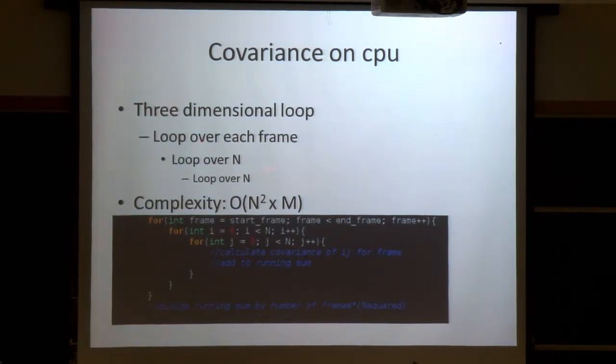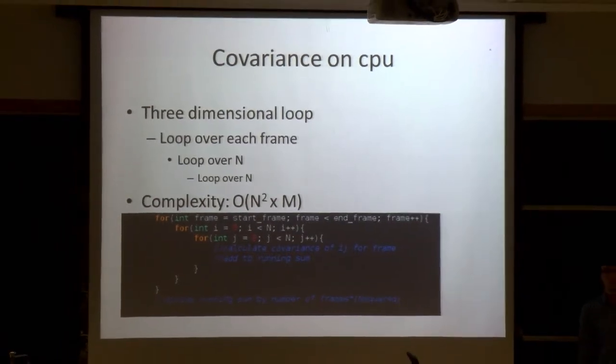You loop over every single frame of the movie, and you loop over n twice. In the body of the loop, you calculate the covariance of a single index for one frame and add it to a running sum. At the end, you divide each point in the matrix by the number of times you went through the loop. The complexity scales as n squared times m, where n is the number of amino acids and m is the number of frames.